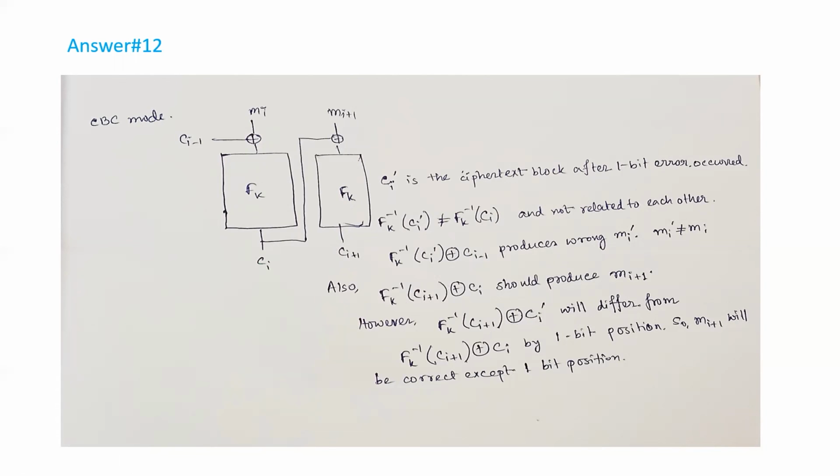So basically 2 plaintext blocks will be affected in case of CBC mode. If the ith ciphertext block is affected by 1 bit, then the computation of plaintext block MI will be completely wrong, but the computation of MI plus 1 will be the same as the original MI plus 1 except for 1 bit position wherever the error occurred.